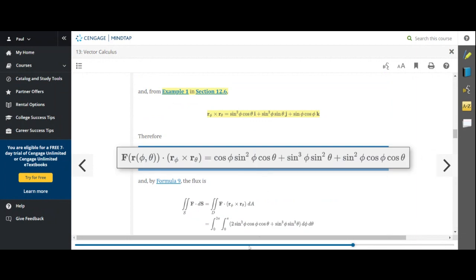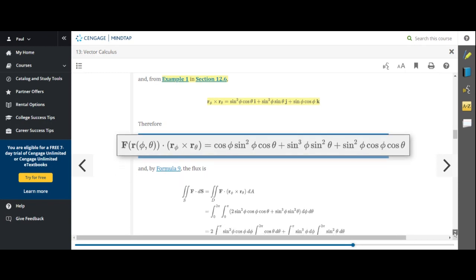This is really just a computation class, and you're going to have to do some practice. But it's just working it out. And now you are ready. You have the integrand for your surface integral, your flux integral in this case.